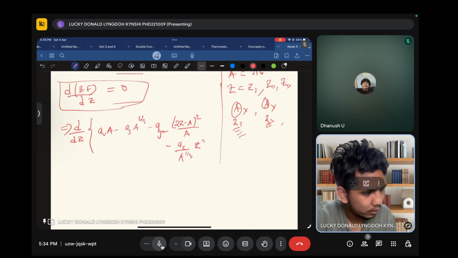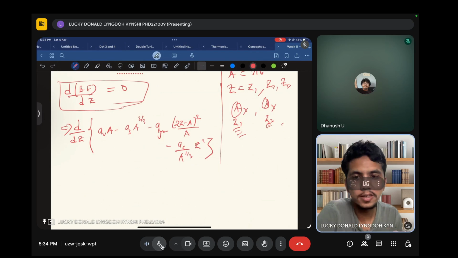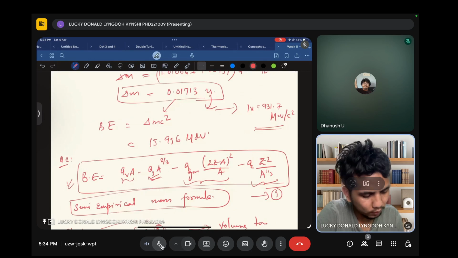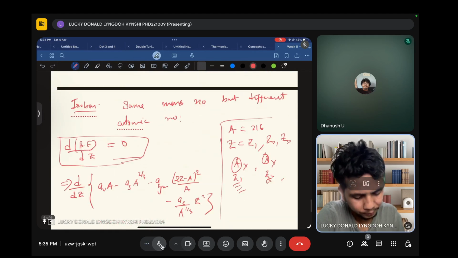I think there is again a mistake in your assignment: the fourth term is written as positive, but it should be negative. You can correct it.